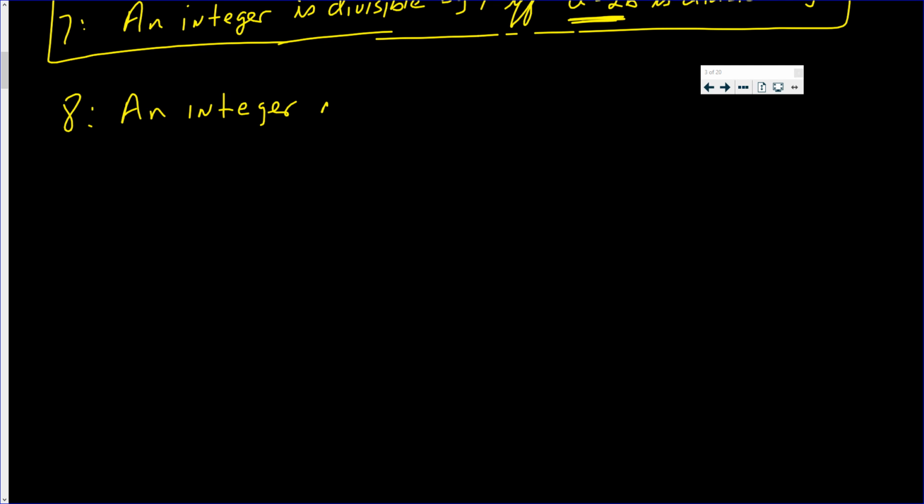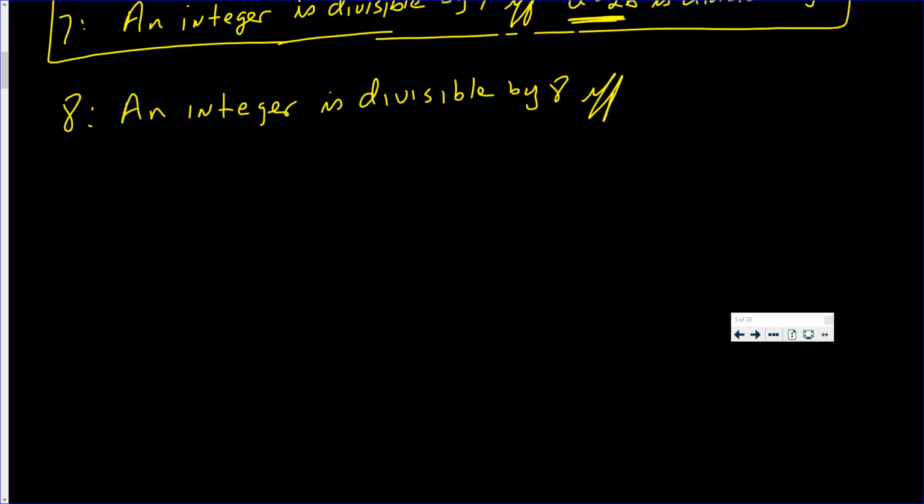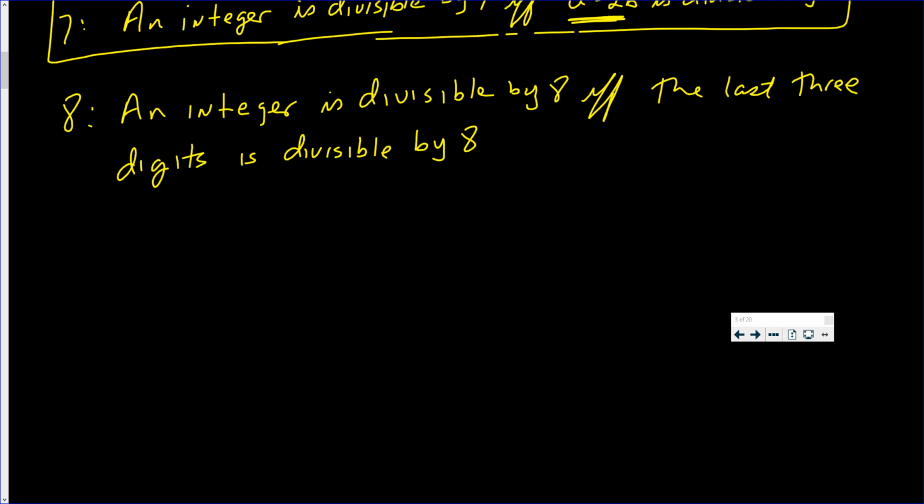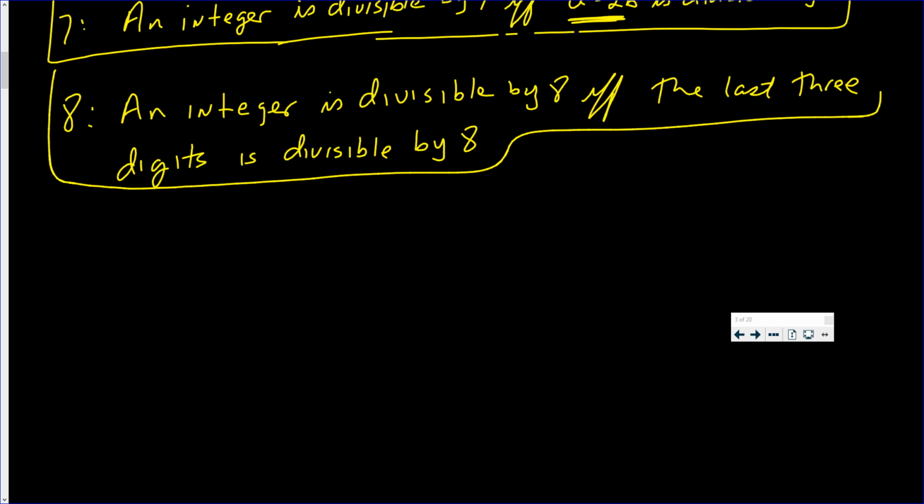An integer is divisible by 8 if and only if the last 3 digits is divisible by 8. Just look at the last 3 digits.